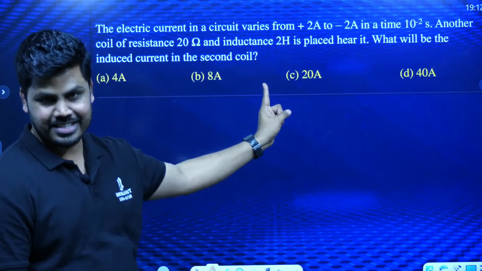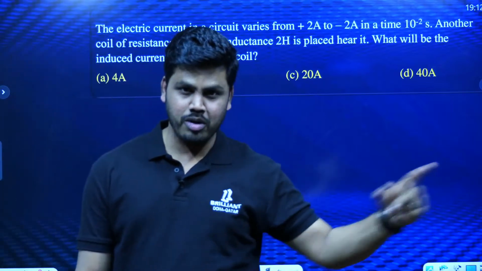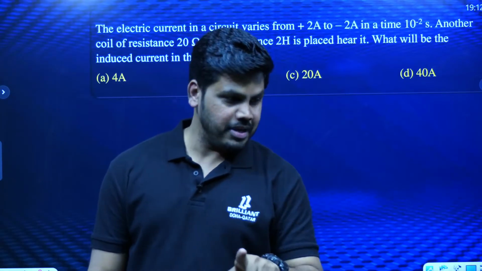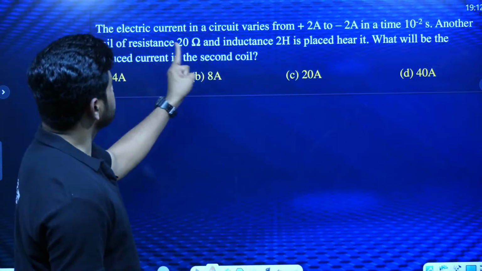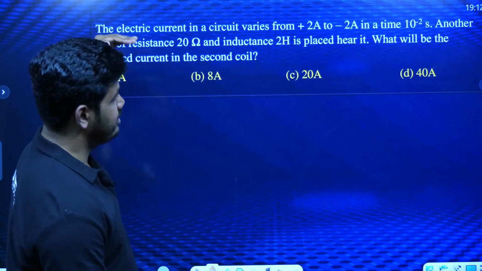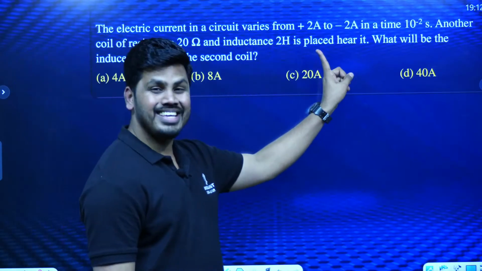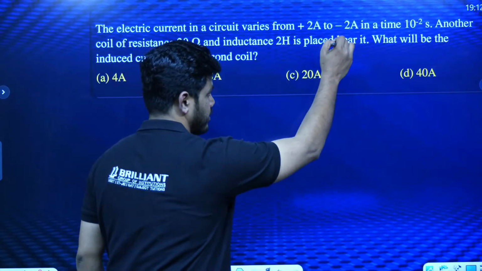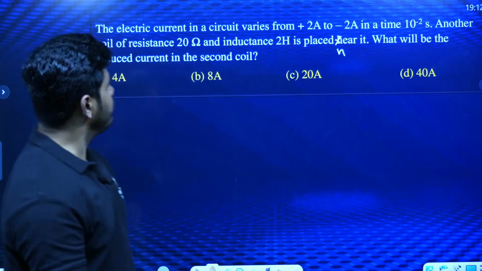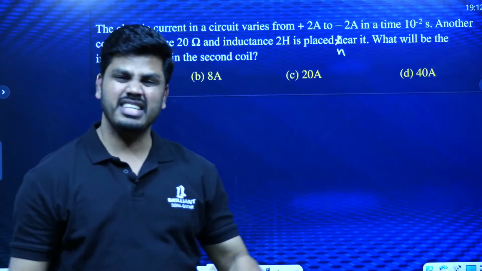Which inductance is that? Is it self-inductance or mutual inductance? It's going to be mutual inductance, because we kept 2 coils nearby. So 20 ohm is the resistance of that nearby coil and 2 Henry is the mutual inductance. It is placed near it. What will be the induced current in the second coil?